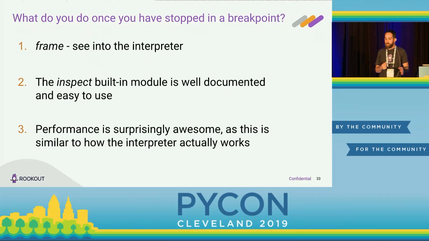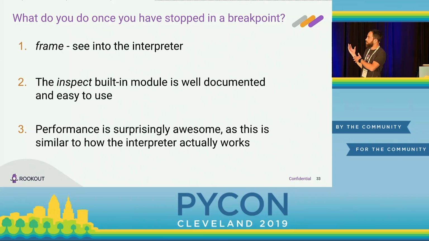So if you remember, the frame, as I've mentioned throughout the talk, is our window into the interpreter. It allows us to see exactly what is going on. Additionally, the inspect built-in module is quite well documented. It's easy to use. It allows you to see the line numbers, file names, stack traces, and so on.